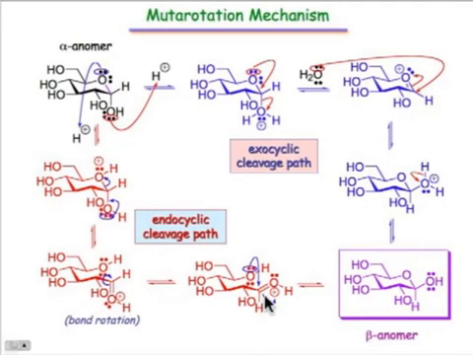Now the new carbon-oxygen bond is set up to be in the beta position, and so we've generated the beta anomer. Those are 2 different mechanisms by which the mutarotation process can take place.